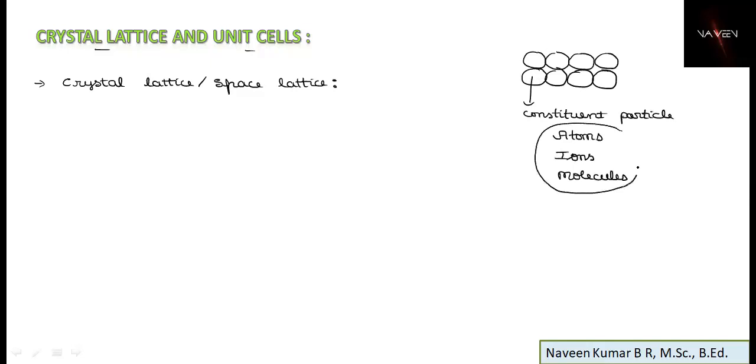Atoms, ions or molecules may be the constituent particle in a respective solid. Now, if such constituent particles are arranged in a three-dimensional arrangement in space, all those points showing the orderly arrangement of constituent particles is regarded as a crystal lattice.